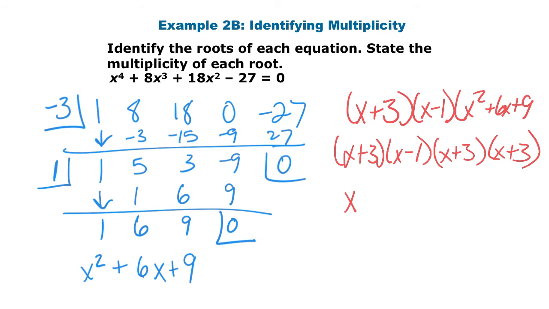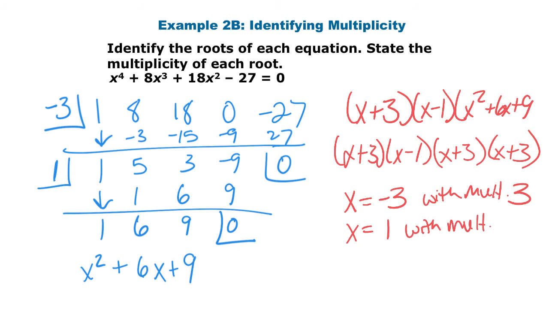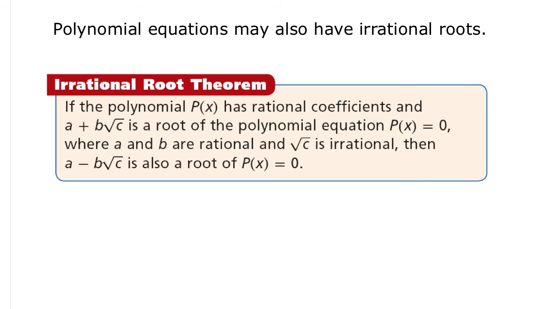And so I see that x equals -3 is a factor with multiplicity 3. It shows up 3 times. And also x equals 1 is a factor, and it only shows up once, so we could say it's multiplicity 1.